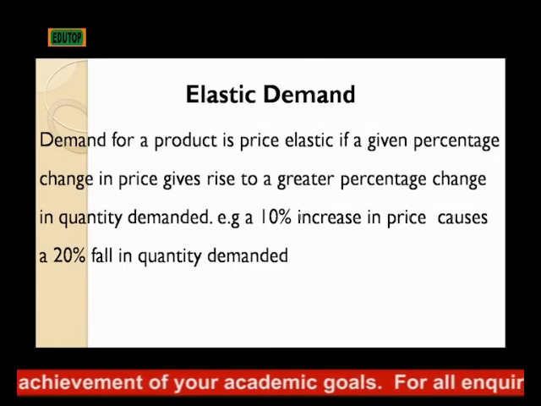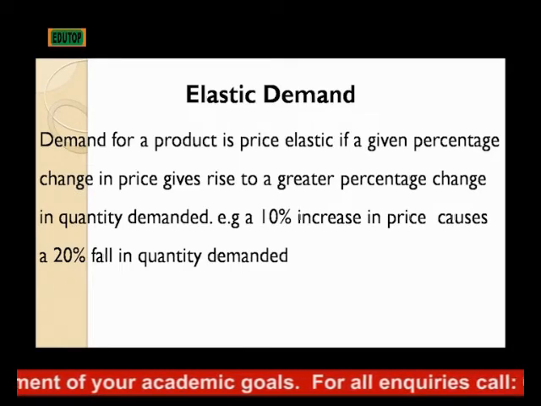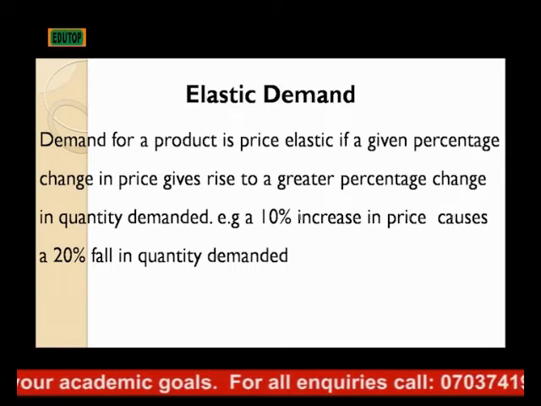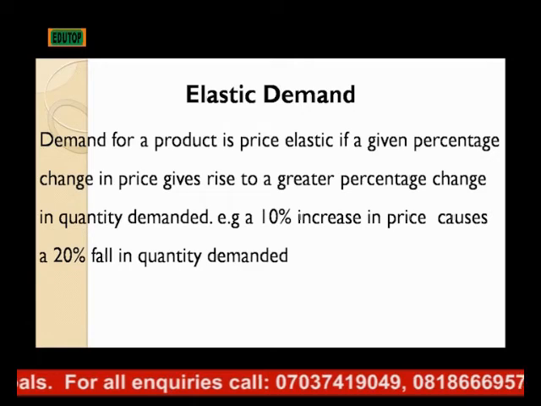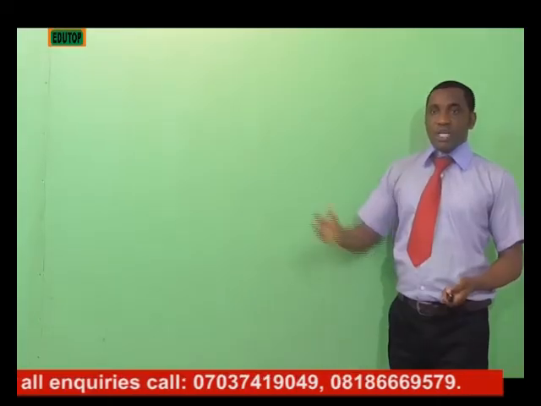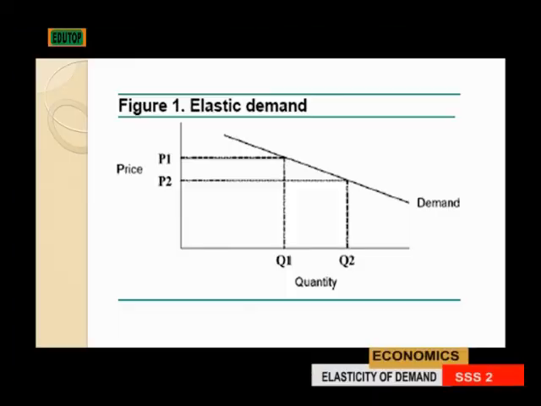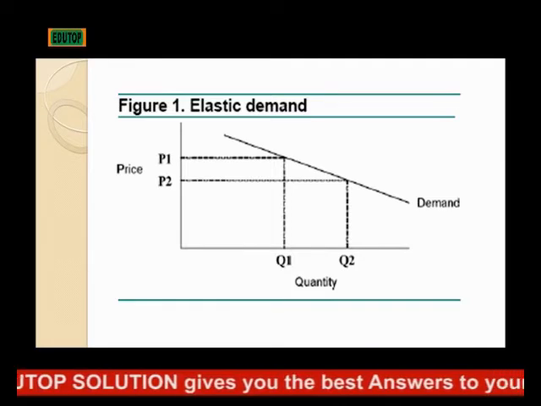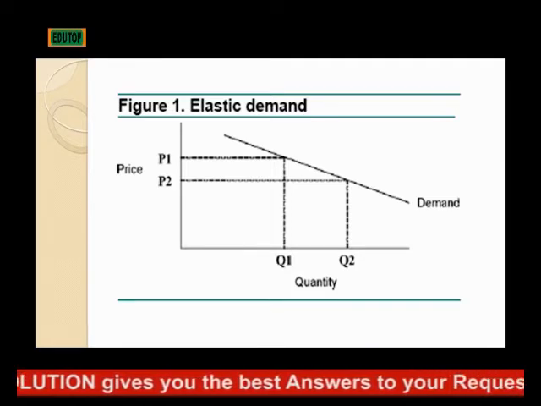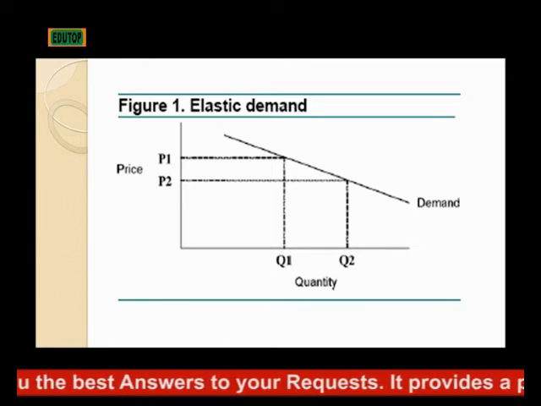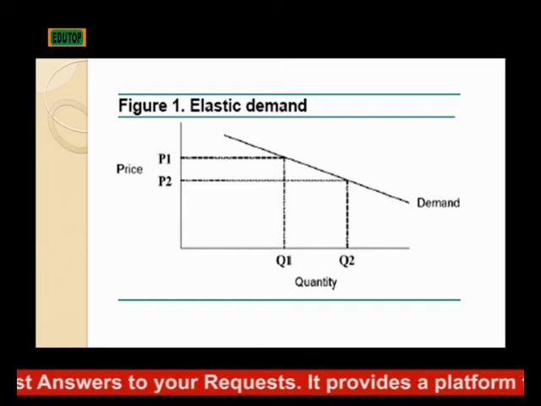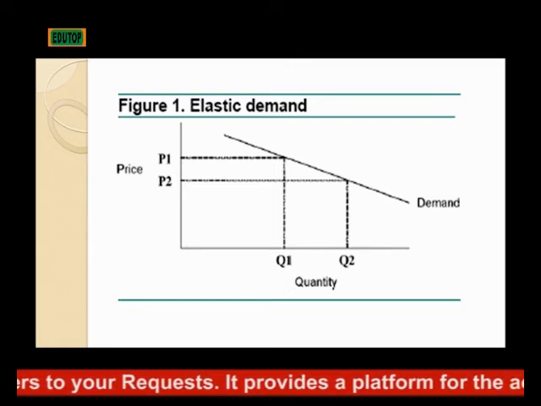That means the response of quantity demanded is so high and more than the changes that happen to price. For example, from this figure above, the original point on the demand curve is P1 and Q1. That means when price is P1, the quantity demanded is Q1.